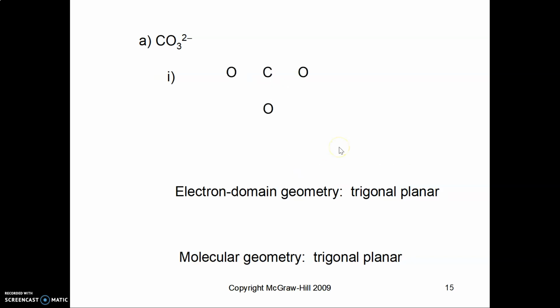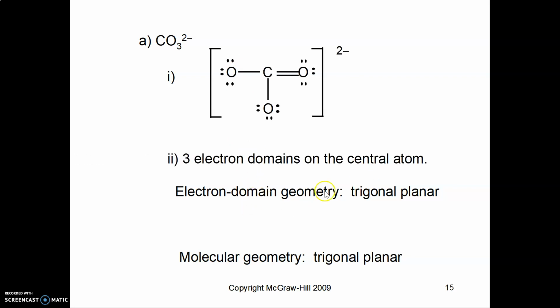This next one might be a little bit trickier for some of you, I don't know. But let's see. So we also have 3 bonds. We also have a double bond. Look at that. All right. So 3 electron domains on the central atom. 1, 2, 3. Carbon never should have a lone pair.